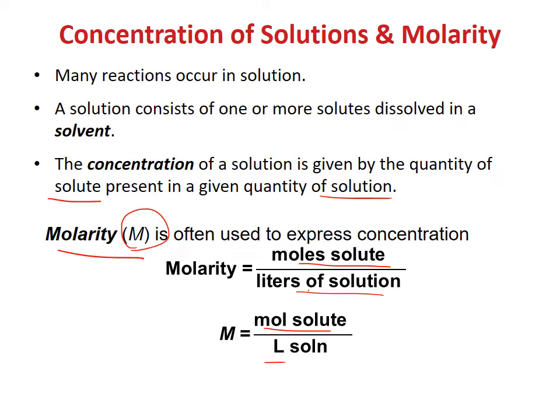So moles of solute per liter of solution. Since molarity is the ratio of moles of solute to the volume of the solution, it can be used as a conversion factor to convert between the volume of the solution and the number of moles of the solute.